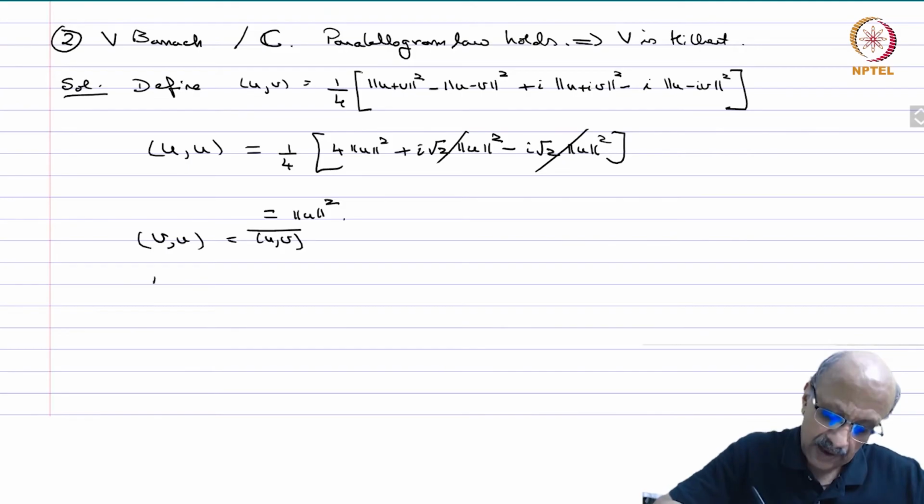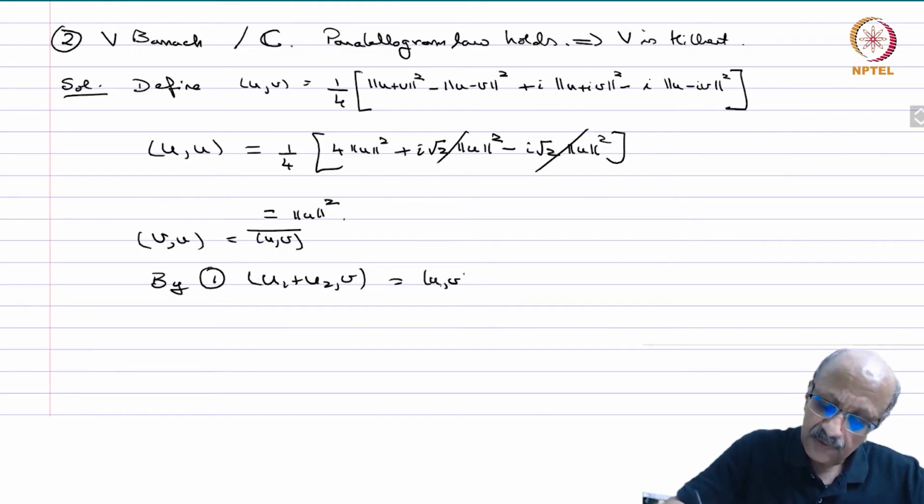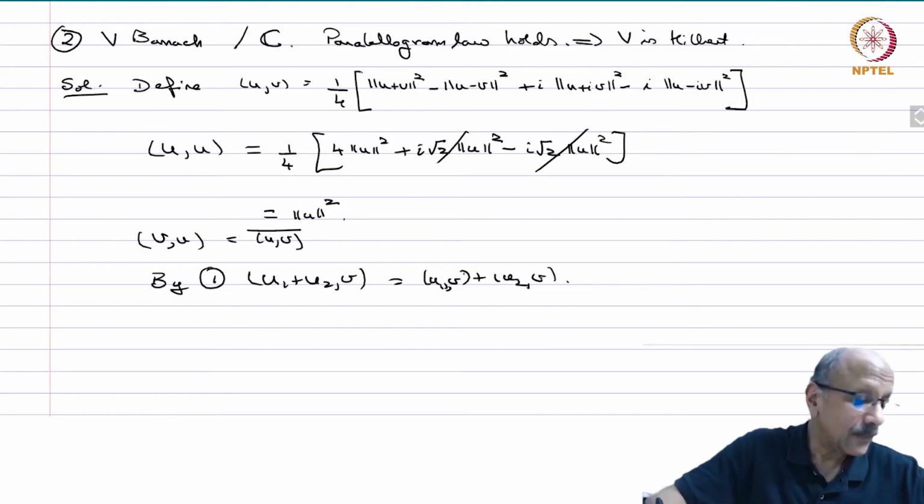Okay, now by the first part, this part and these two parts look exactly like what we did in the real case, and therefore you have that (u1 + u2, v) equals (u1, v) plus (u2, v). So you get the linearity.